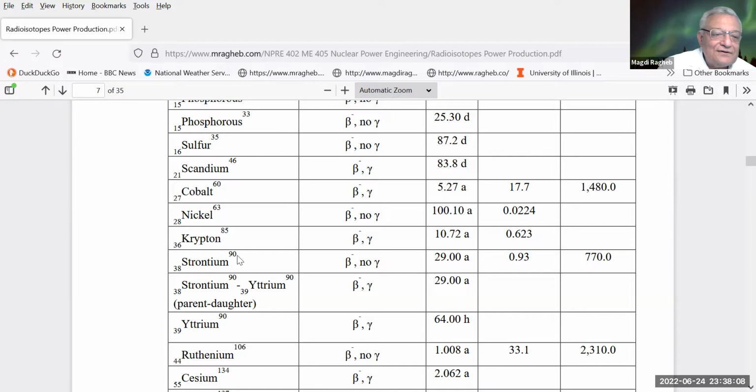So in the Russian space program at the time of the old Soviet Union, they built quite a few of these sources for space applications of using strontium-90 to produce electricity from isotopes. But over time, the buildup of yttrium-90 starts producing gamma radiation, and it caused some environmental problems.